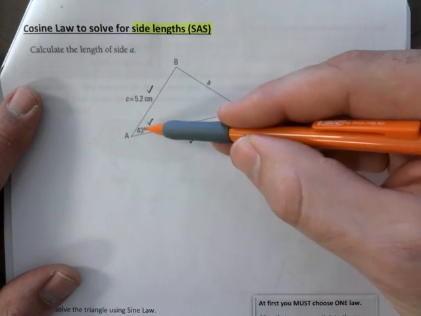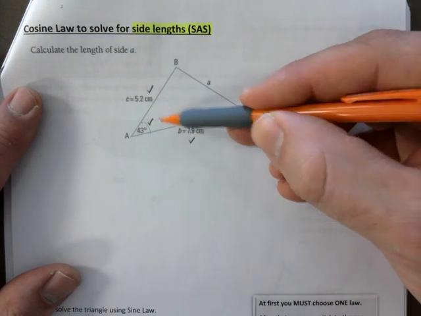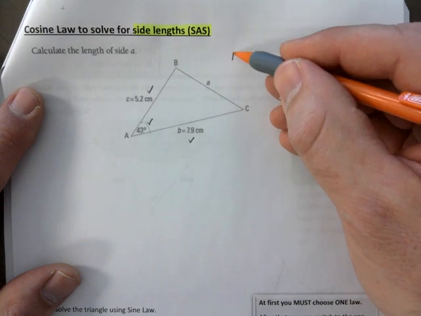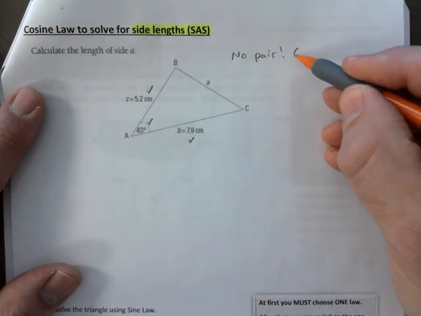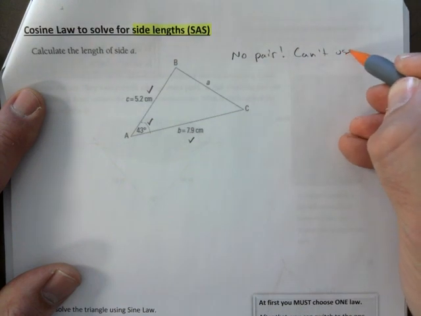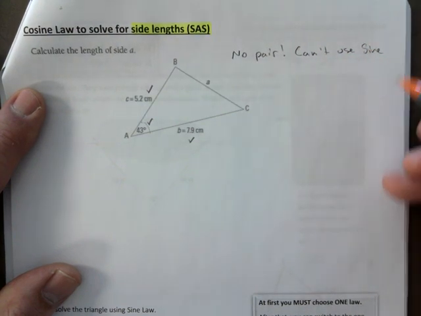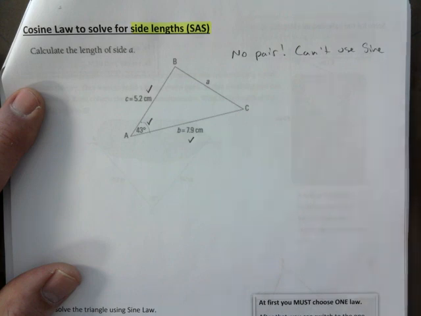The angle that is given to you is sandwiched between the two sides. No pair. Can't use sine law. That's another dead giveaway. If you forget, it's like, oh, I have no pair. Can't use sine. It must be cosine law.